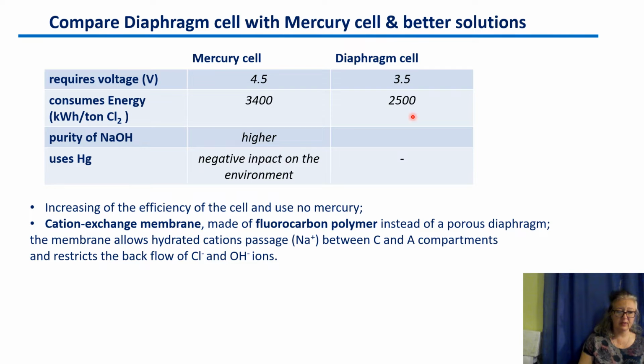The membrane allows hydrated cations passage, sodium cations and hydronium cations between cathode and anode compartments, and restricts the backflow of chloride and hydroxide ions.